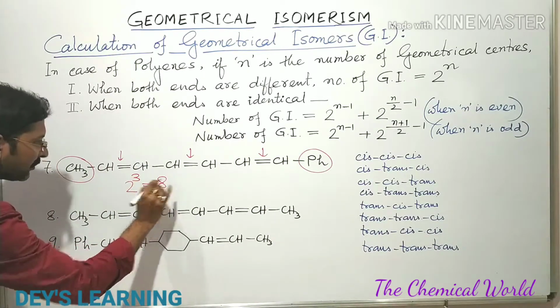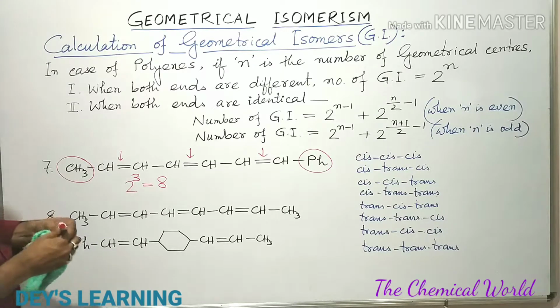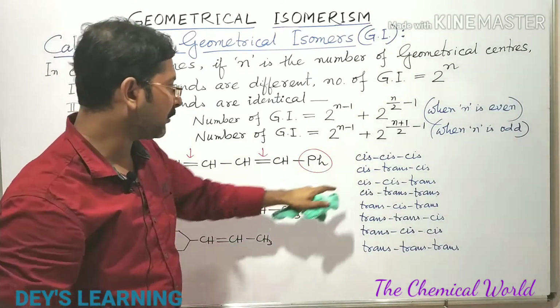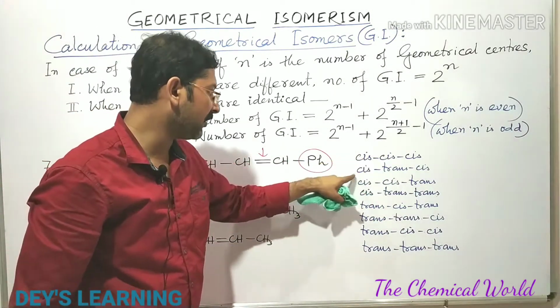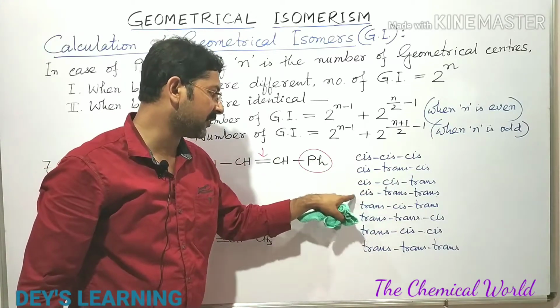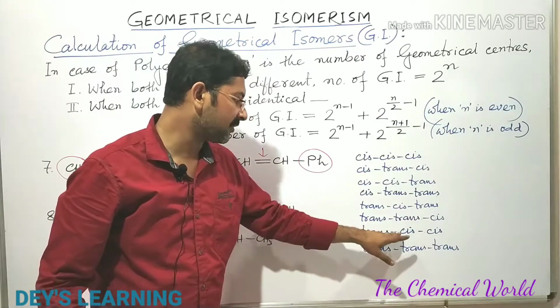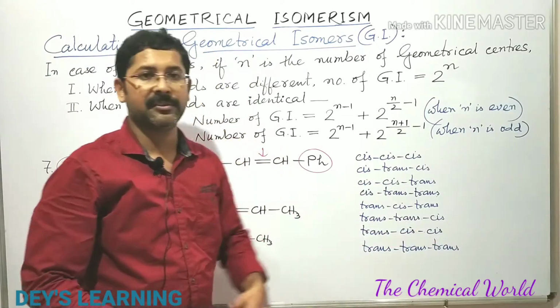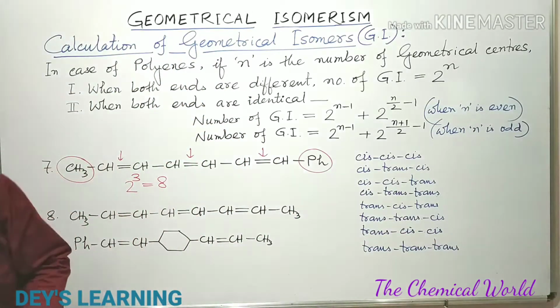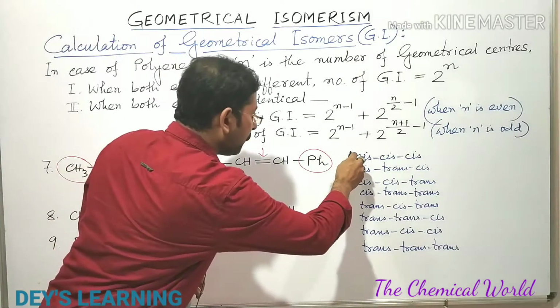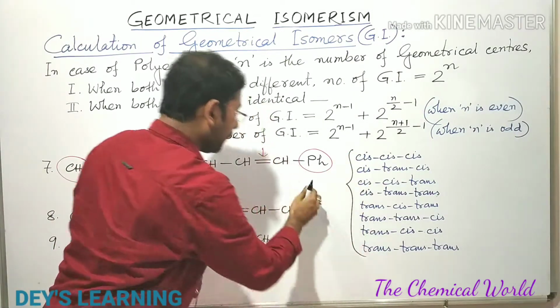This is 8 geometrical isomers. I have written the 8 geometrical isomers. This is cis, trans, cis, trans. These 8 isomers are possible for this molecule.